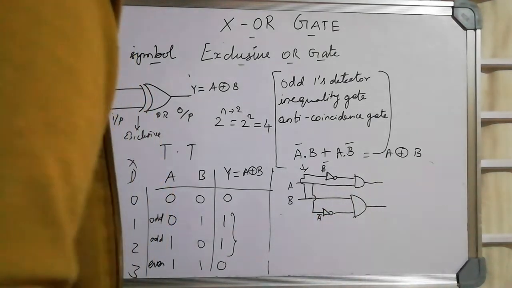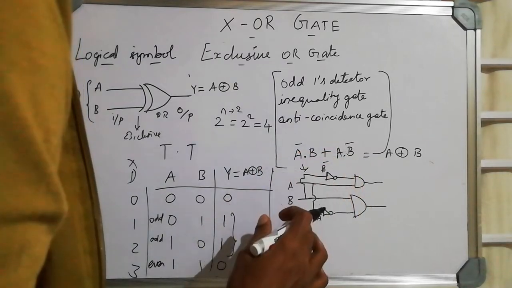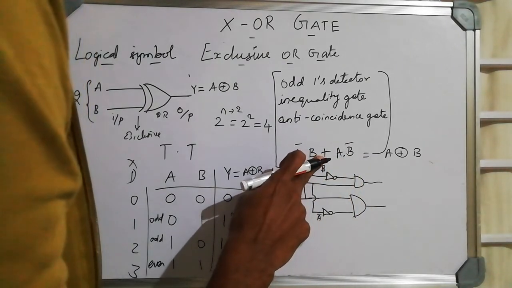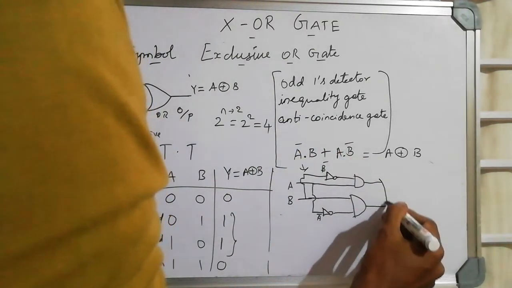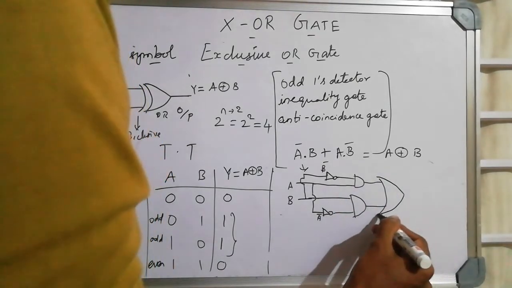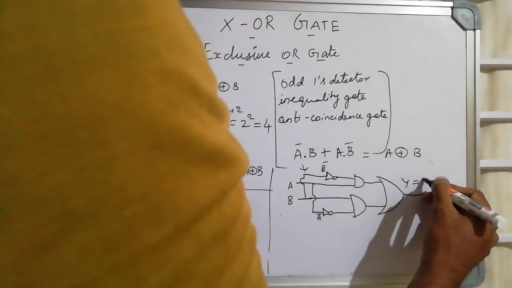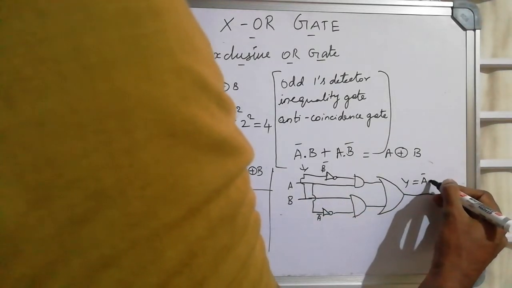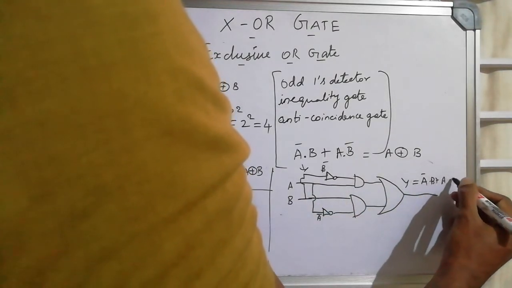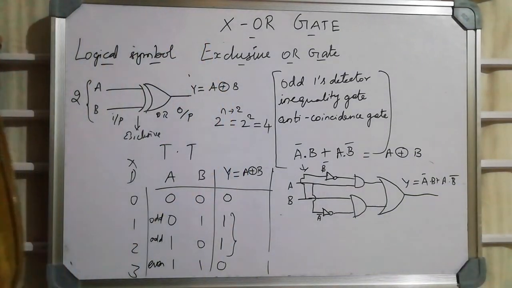Now these two AND outputs are connected with an OR gate. Finally Y is equal to A bar B plus A dot B bar. Now it is over.